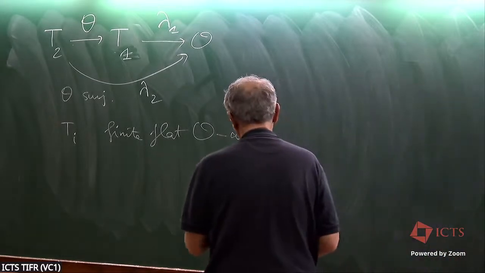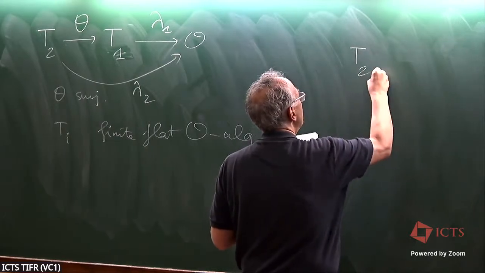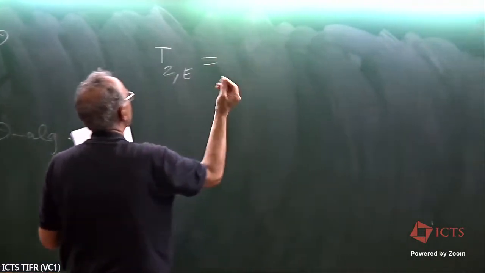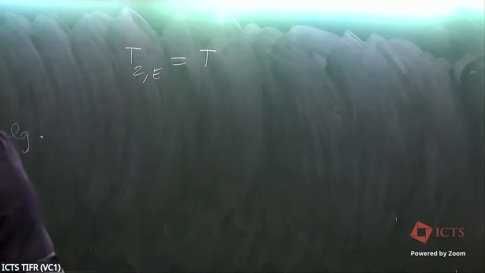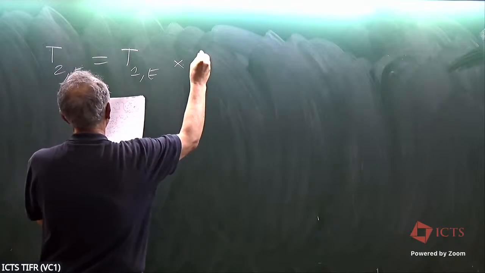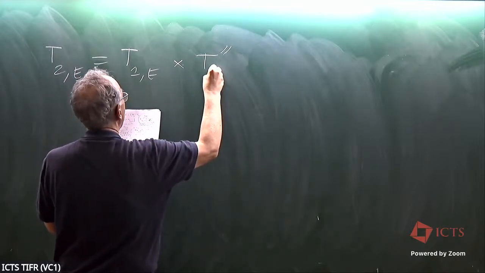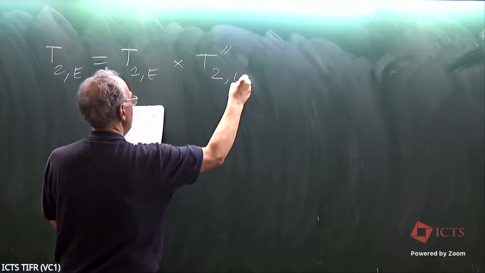So for Hecke, the situation is as follows. We assume, of course, that T2⊗E splits, so that θ splits. So you can write it as T1⊗E times something, which I call maybe T''⊗E.